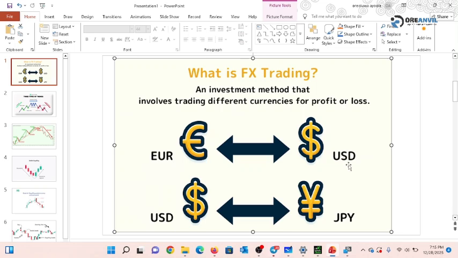And on this euro and US dollar, there's something that is happening between them. Their currencies are present in this. We are using the euro, and we are using the USD currency.